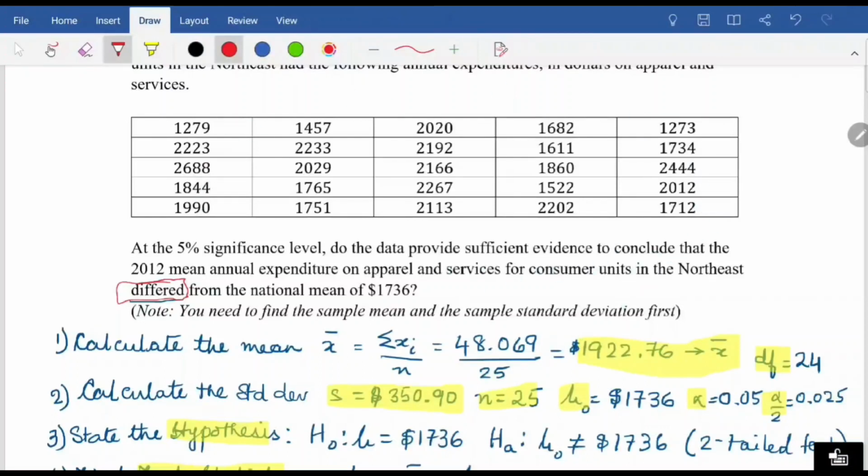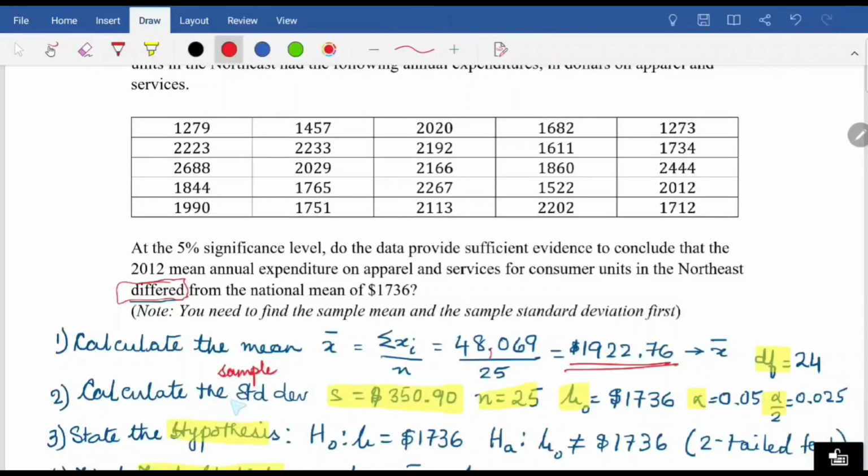Sum up all these values, and this should be a comma. 48,069 divided by 25, and we come up with a sample mean value of 1922.76.